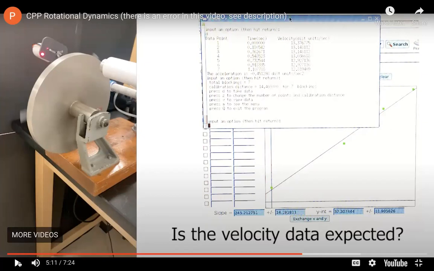So if you look, the velocity is 13.4, 13.1, 13.1, 13.0, it doesn't change much at all. Does this make sense to you? Is that what you would expect? Anyone? Do you think that makes sense? That velocity doesn't change much?